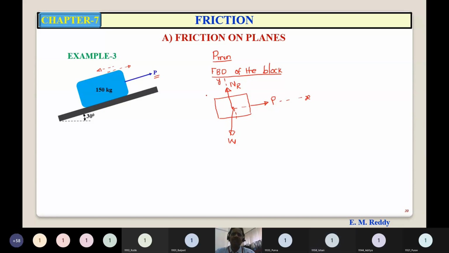For minimum force, the block is impending its motion down the plane. So the friction force will act up the plane.